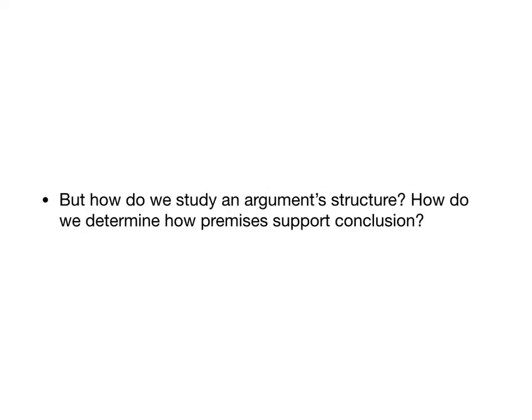But how do we study an argument's structure? How do we determine what that structure even is? How do we determine how the premises support the conclusion and how well? Well, there are a lot of different techniques. You can go more or less in depth with this.